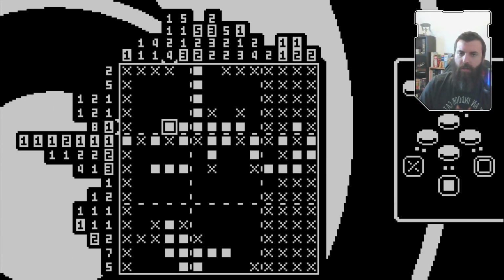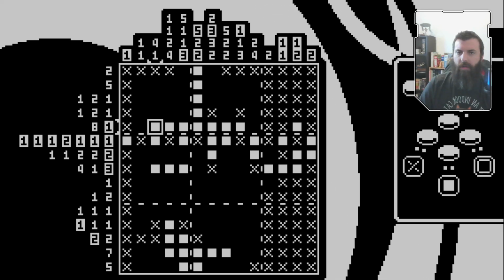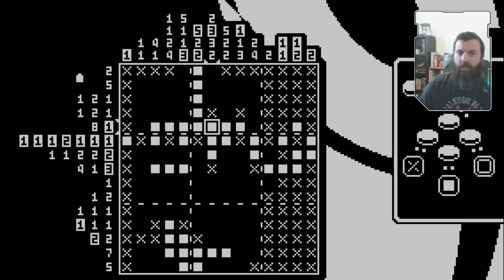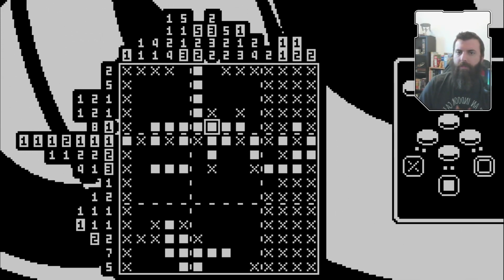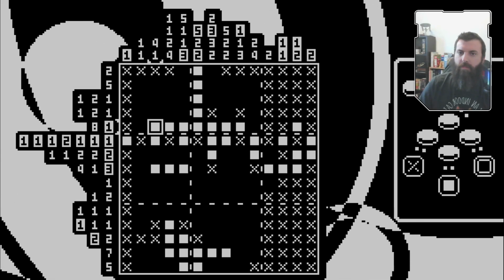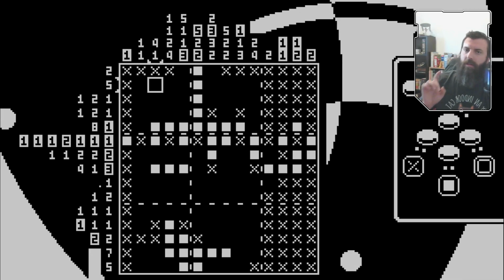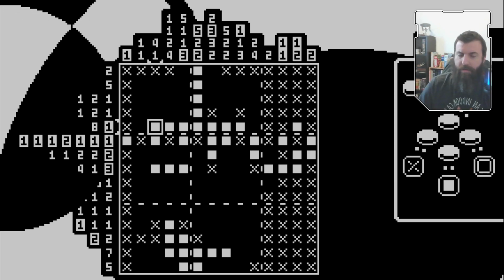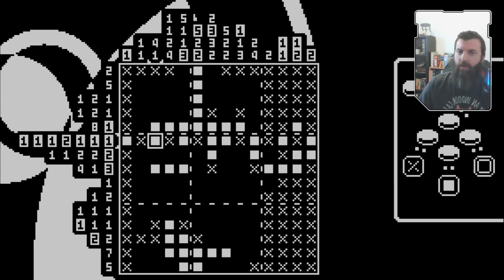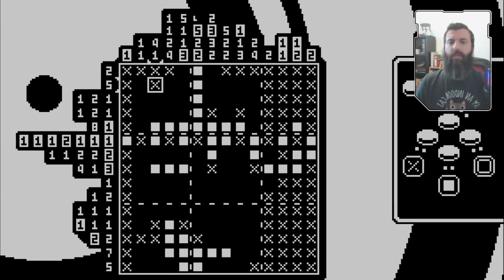Our horizontal 8 is gonna have to fill in these 2 pixels at the very least. That tells us that if this was part of the 4, this is definitely part of the 4, but if the 4 started here, 1, 2, 3, 4, vertical 4 couldn't reach up to here.